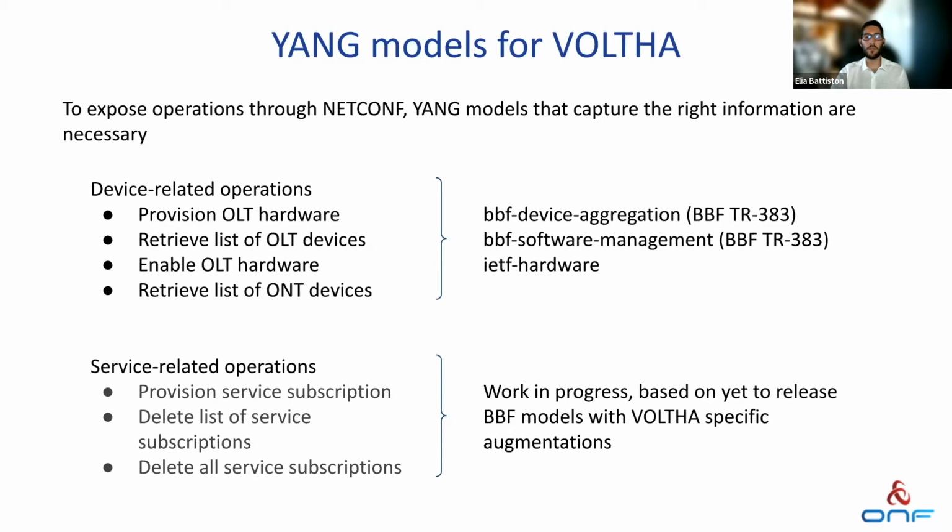And mapping the information provided or requested by these operations showed that a great part of the device related information can be captured with standard models defined, for example, by BBF TR-383, like BBF device aggregation, and other IETF standard models, such as IETF Hardware.